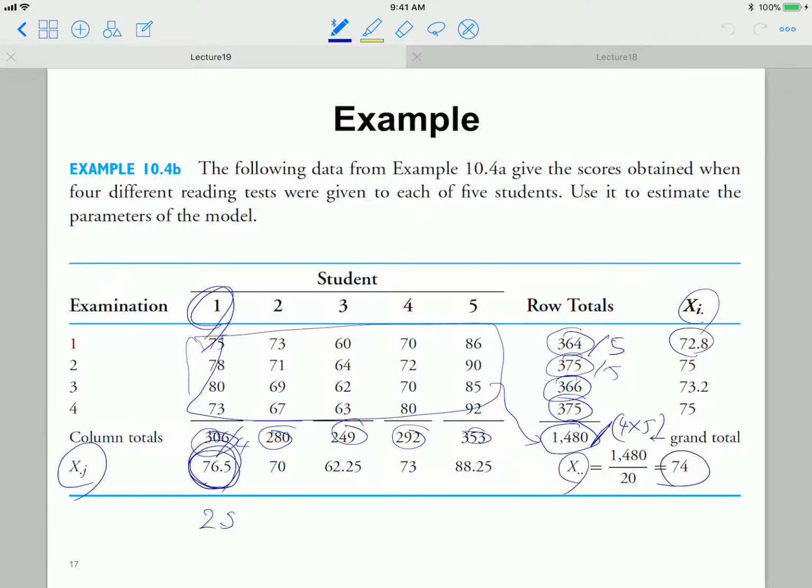In the case of these 4 different exams, m was 4 and n was 5. So the number of alpha parameters that we have to estimate is 4, right? So far we used an estimator for the global mean, and also 4 different alpha values, right? So we used in total 5 different estimators.